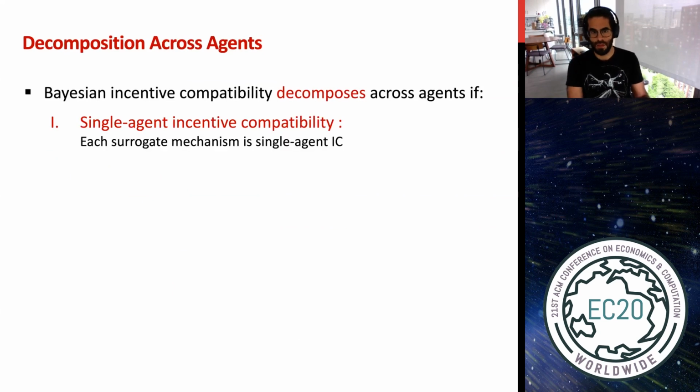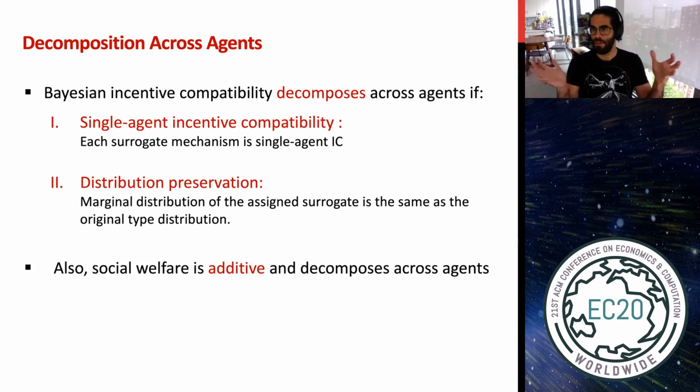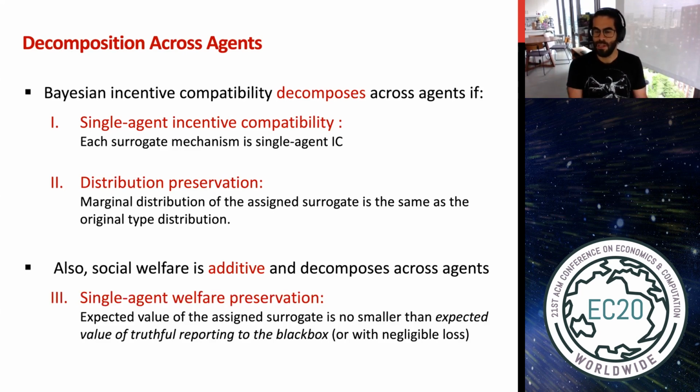Now, as I mentioned, you need the IC constraint for this surrogate allocation, through the payments and the allocation that you pick. You also need the distribution preservation property, meaning that the resampled type has the same marginal distribution as the original type distribution of the agent. Because social welfare is an additive objective that decomposes across the agents, the entire black box reduction will decompose across the agents.